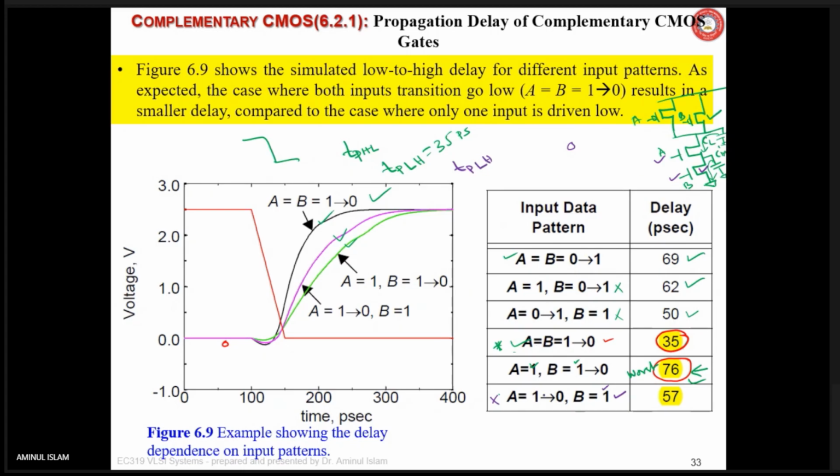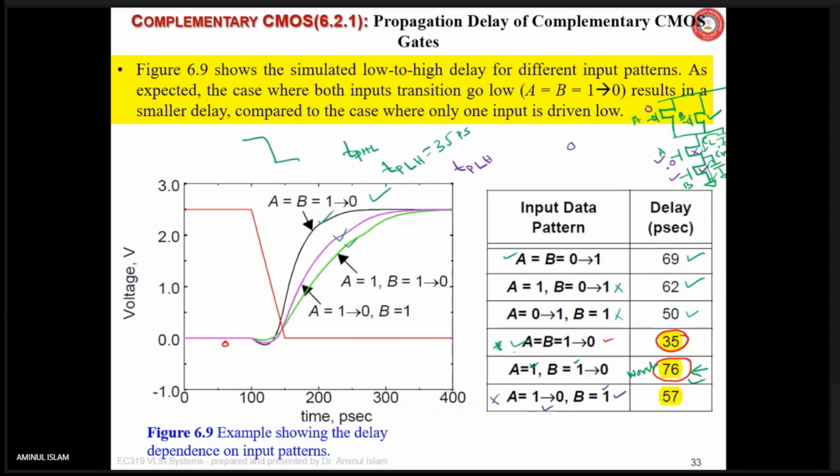Okay. So now A, this one is 0. This is 0 and this is off. So the CL as well as C int were fully discharged prior to this input pattern.